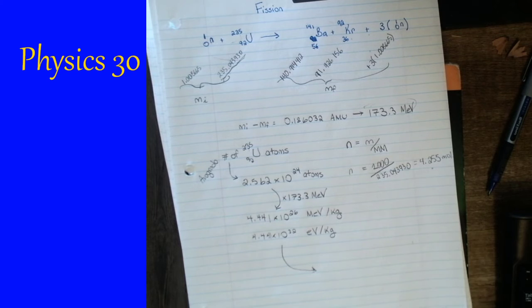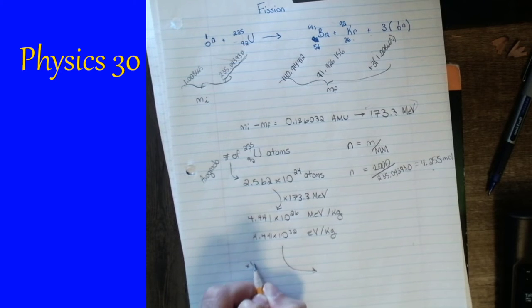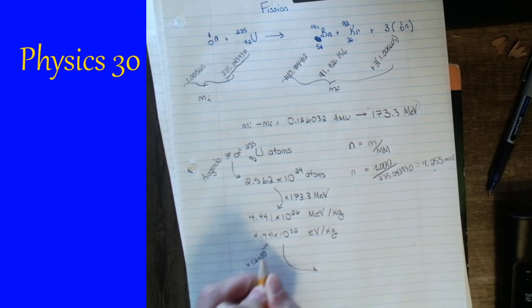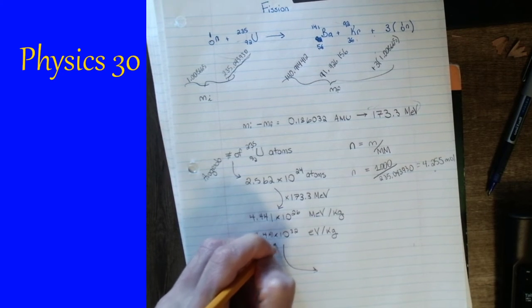In order to do that, we times by 1.6 times 10 to the negative 19 joules per electron volt.